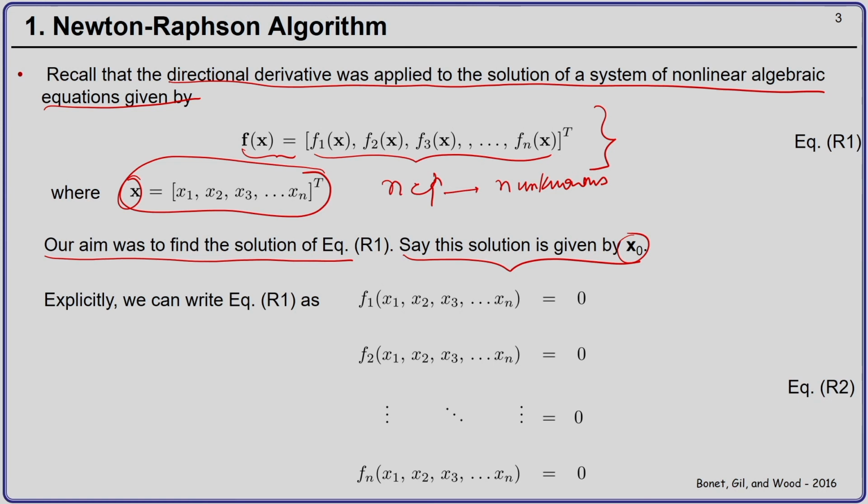Then we can explicitly write equation R 1 as f 1, a function of all the unknowns, equal to 0, f 2 equal to 0, all the way up to f n equal to 0.